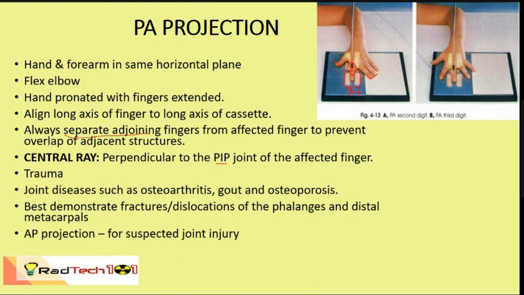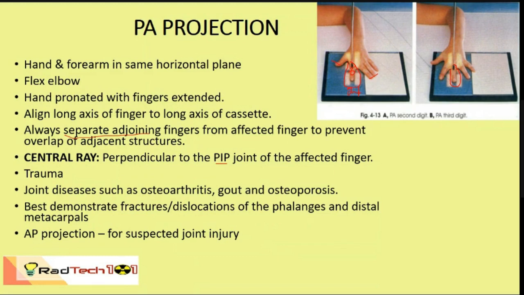Or halimbawa, yung ating third digit. So yung ating central ray is perpendicular to the third pip joint. So again, if during the exam or class, if I will be asking about central rays, pag sinabi kong what is the central ray of the first digit PA, second digit PA projection, so wag niyo sabihin na pip joint.